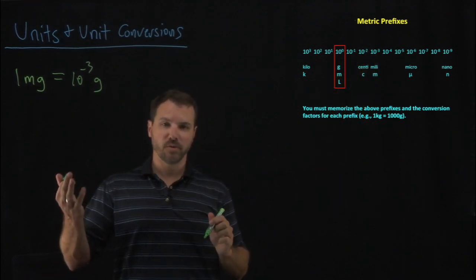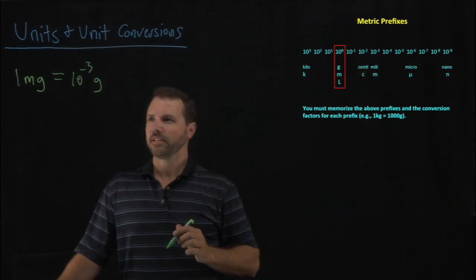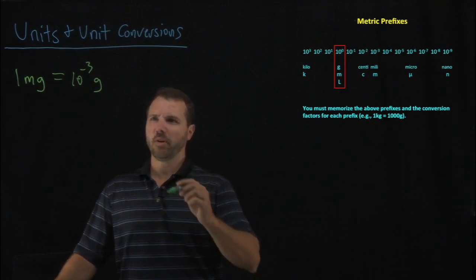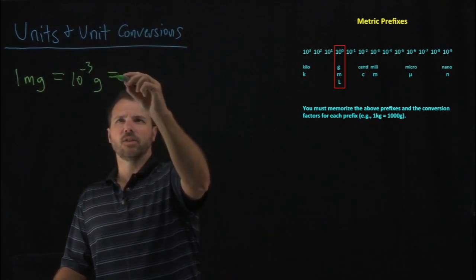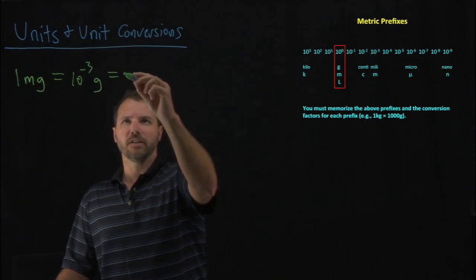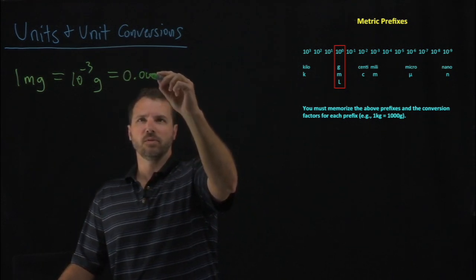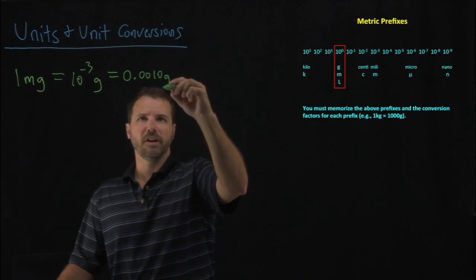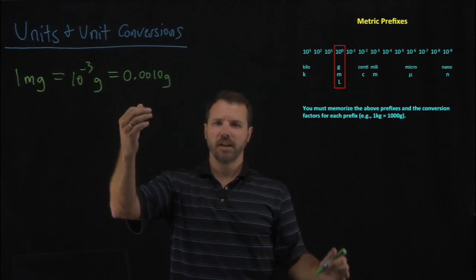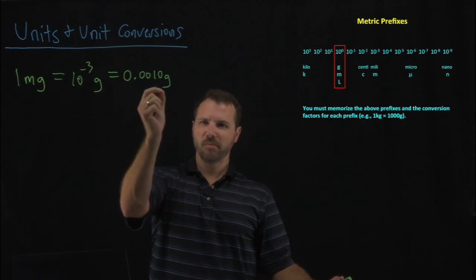Now, of course, we generally want to express these as a number versus an exponent if we can. And so hopefully by your knowledge of scientific notation, you now know that this would be 0.0010 grams. So 1 milligram is a small unit, so it's going to be a smaller number of grams.